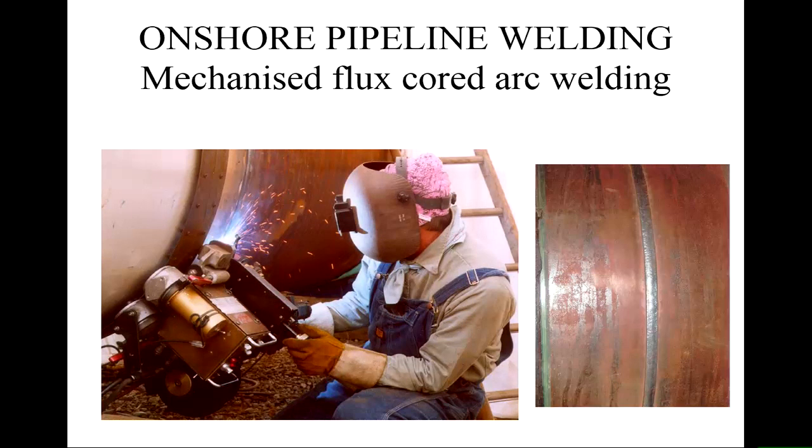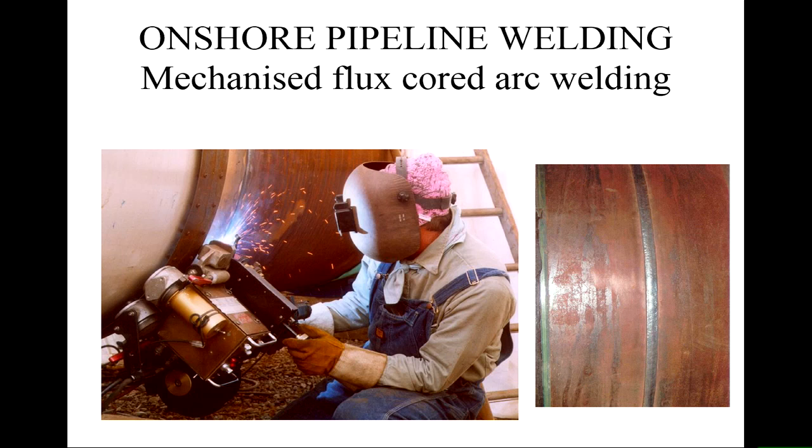This is a mechanized bug that actually feeds a flux cored consumable, and you can see it operating here, and it looks very similar to the bugs for the other processes. And this is the weld immediately after it's been completed, and what you can see in that case is that there's no sufficient detail that's any different from a conventional welding process using an external flux for stick welding or using gas.